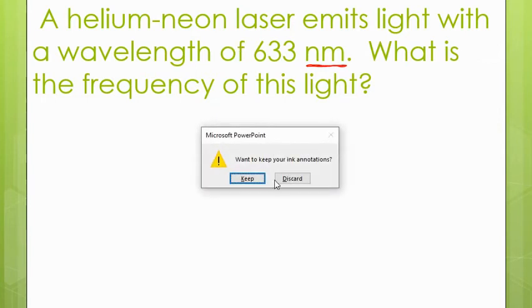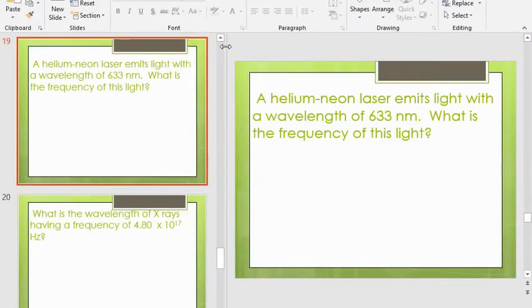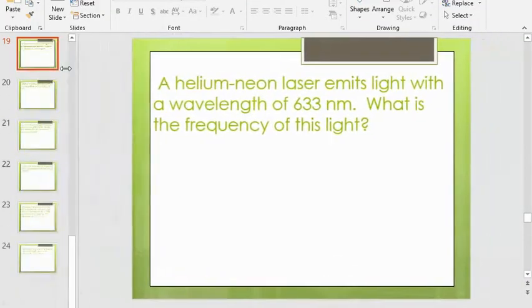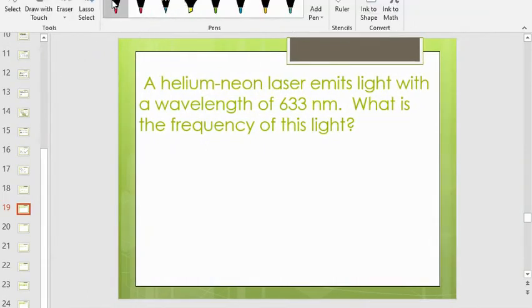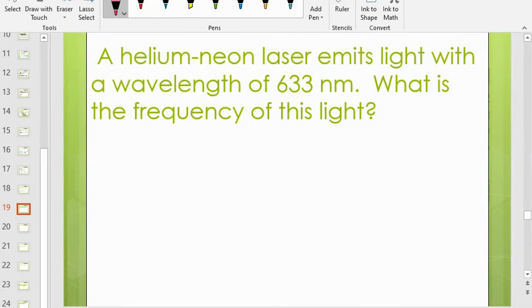Let me see if I can get some different colors up here so I can represent this with different colors. All right, so let's see if I can make this a little bigger. There we go. The first thing we're going to do is change our wavelength into meters. So 633 nanometers.